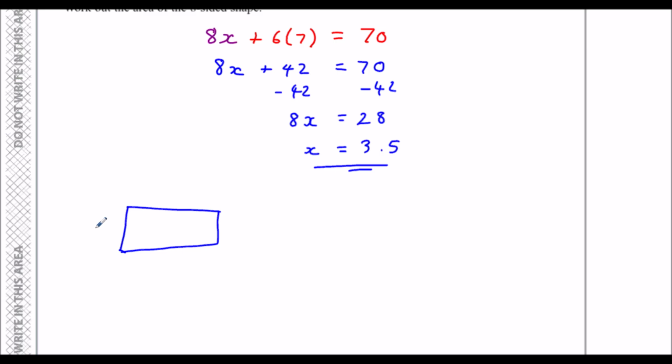There's a rectangle. x is 3.5. The length is x plus 7, so that must be 10.5. So x is 3.5, x plus 7 is 10.5. I'm actually going to redraw that. So the area of a rectangle is 3.5 times 10.5.